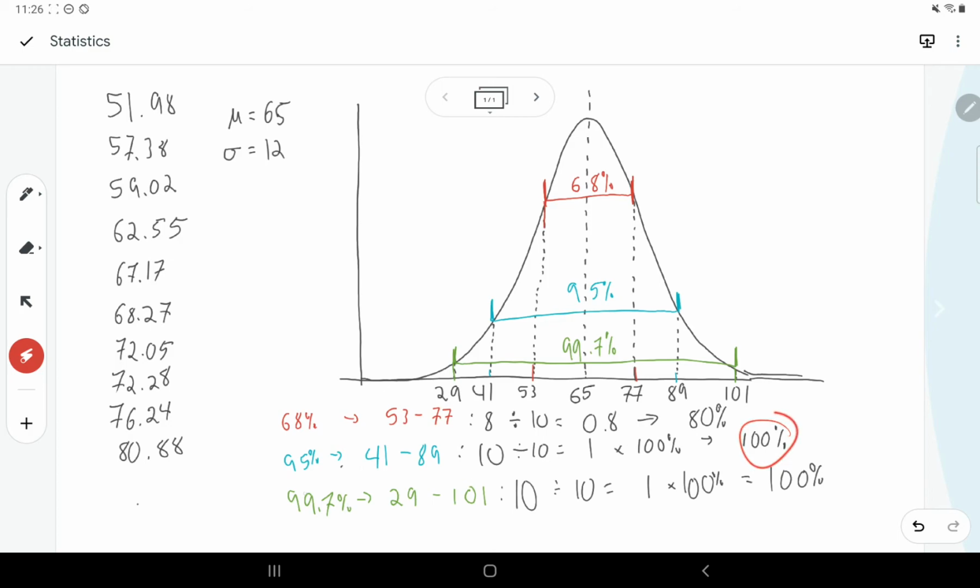Well, 100% is certainly bigger than 95, so yes, there are at least 95% in that range. And the last one, 99.7% between these values. There are 100% of values in there. So yes, at least 99.7% are within that range. So we can say that this is in fact normalized. This is a normal distribution.